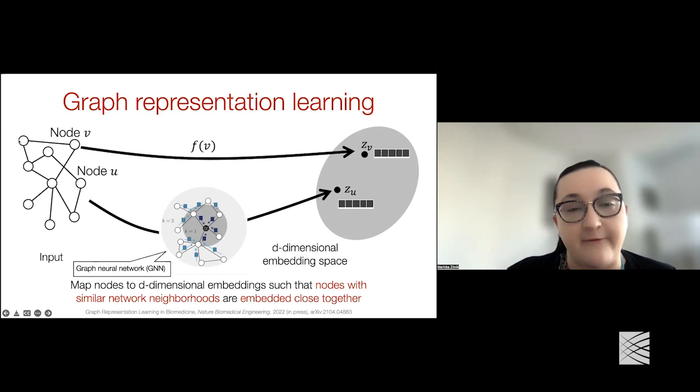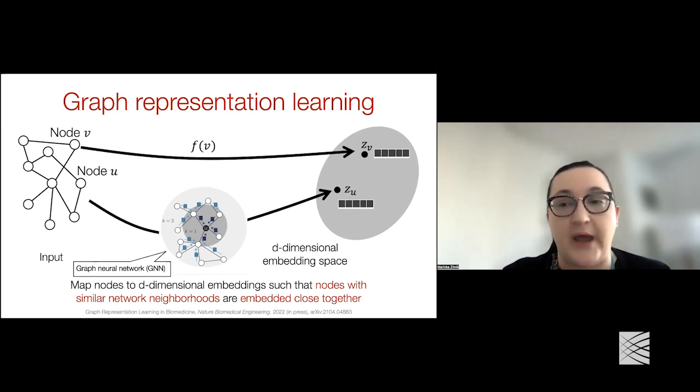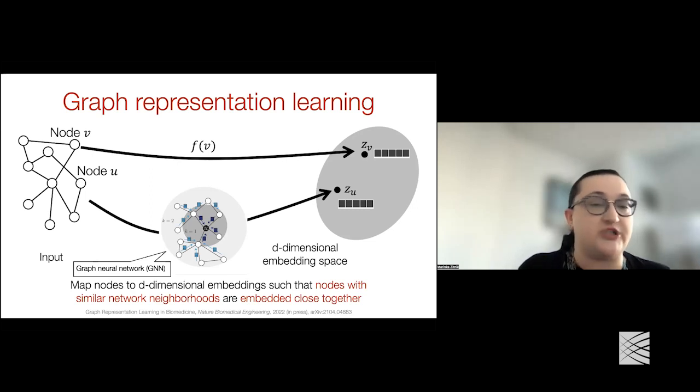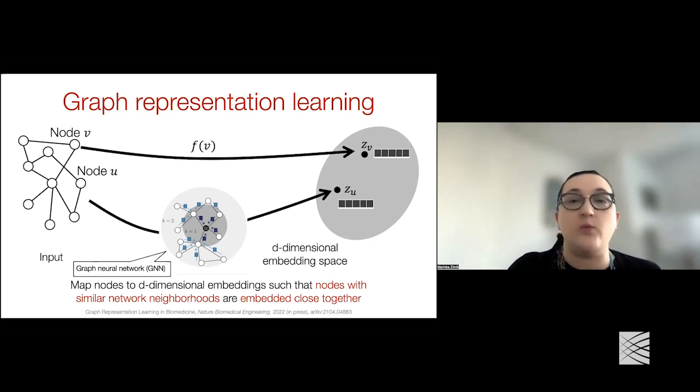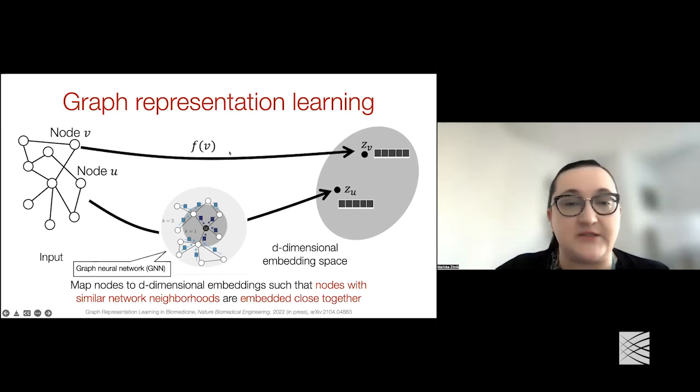Now, in our input, we have two objects, say node U and V. Think of two genes, U and V. That function, representation learning algorithm F, will take each of those two nodes and represent them as points in the embedding space, and it will do so in such a way that two points U and V that are considered to have similar local topology in the input space will be embedded as nearby points in the embedding space, meaning that the embedding space is optimized to reflect the topology of the input graph.